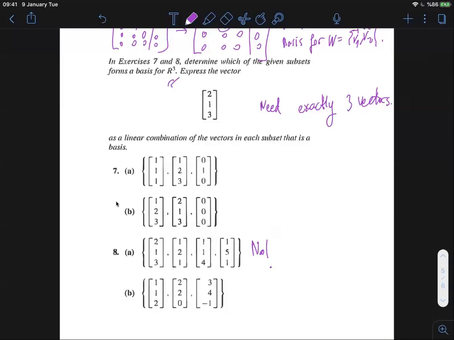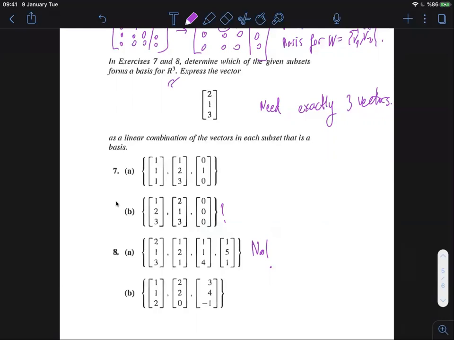What about the others? What do you think about this one, for example? Is this a basis? Okay, let me answer the question.